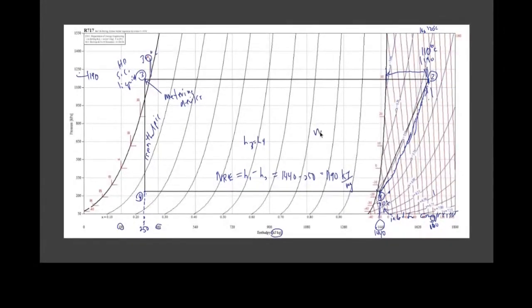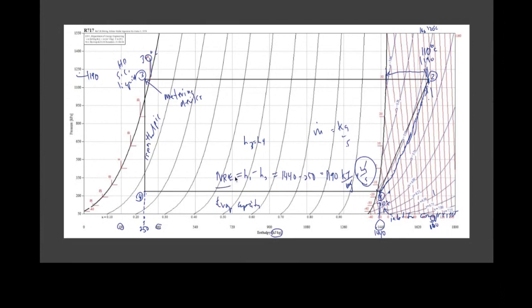And so if we know our mass flow per unit time, let's say kilograms per second, and I multiply by kilograms per second, I'm left with kilojoules per second. In other words, I could determine my kilowatt rating or tonnage rating of the evaporator. The evaporator capacity depends upon mass flow.